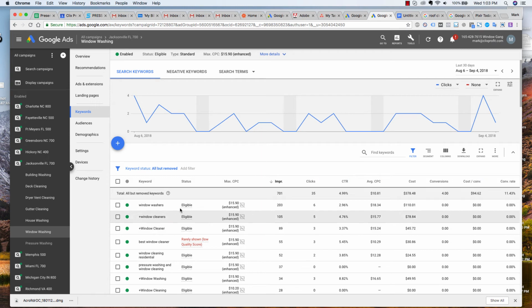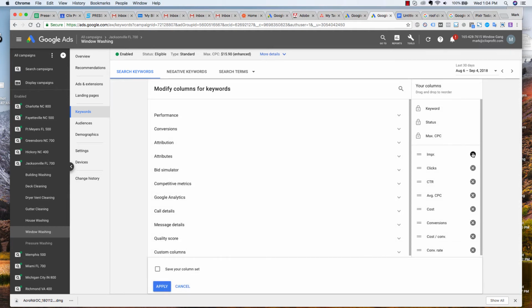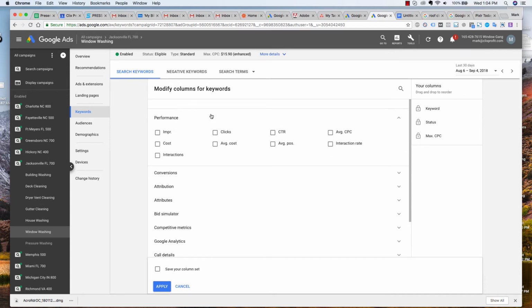What you're going to see is, let's go back to columns. Remember, we just want to focus right now on average cost per click and average position. So let's get rid of all these columns. Let's go average CPC and then average POS.